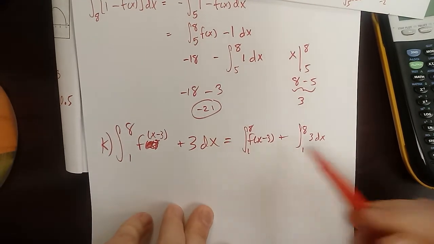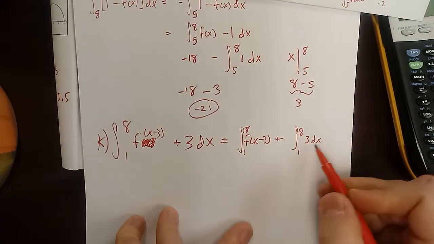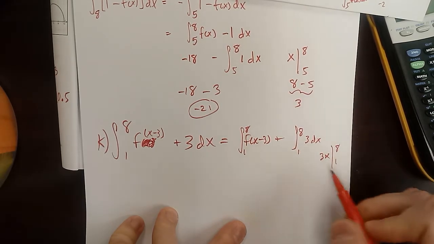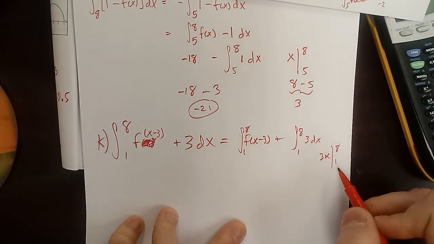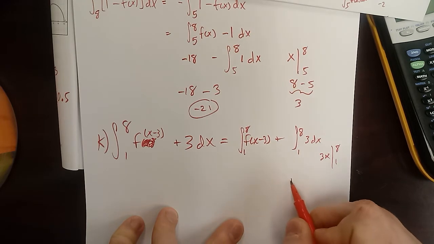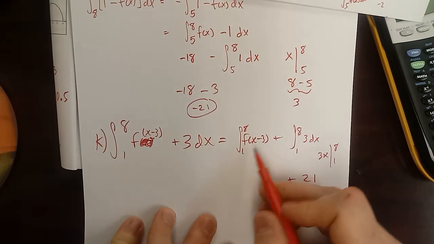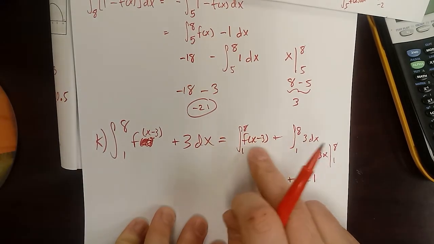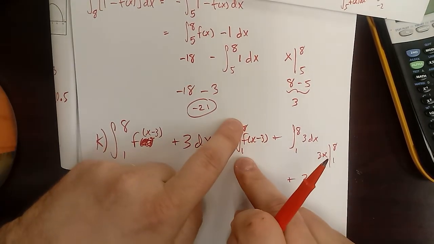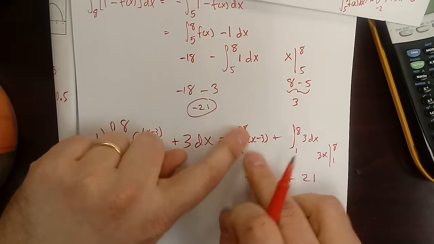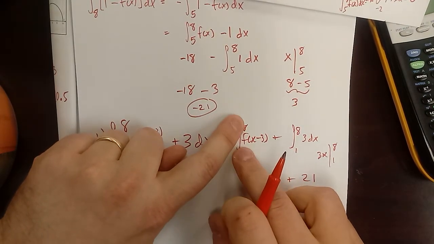So the 3 part we do like we would normally do. We'd say, okay, this is 3x going from 1 to 8. So that's 24 minus 3, so 21. And then this one, this is shifted 3 to the right. So if I shift these 3 to the left to get back to f of x, this is 3 to the right. 8 and 1 are 3 to the right.